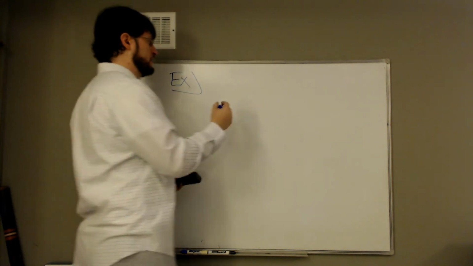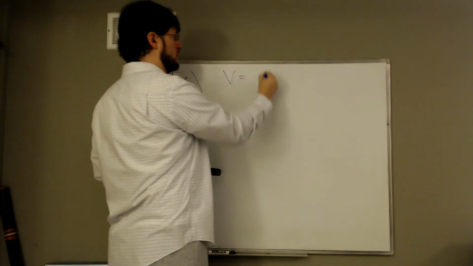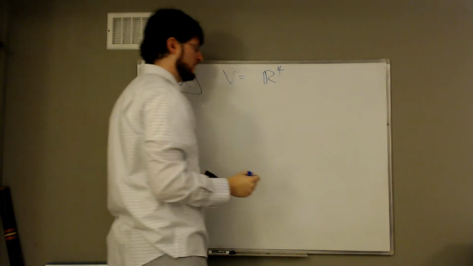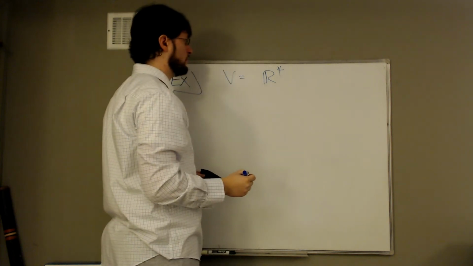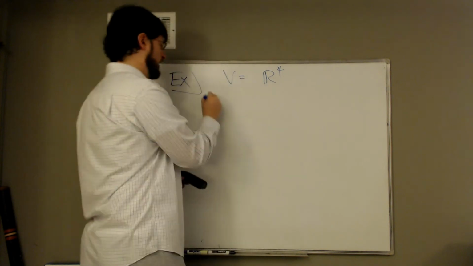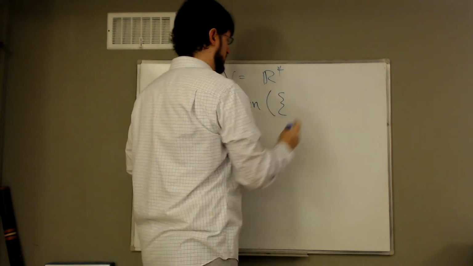Here's another example of a subspace. Suppose that we started with R4, and let's let H be the span of a couple of vectors.